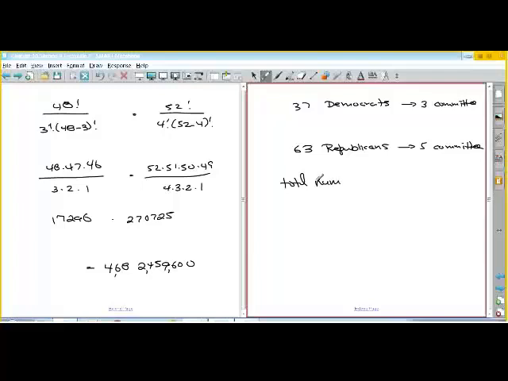And the question is, what is the total number of committees possible?